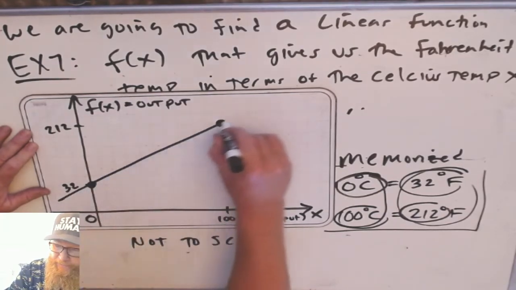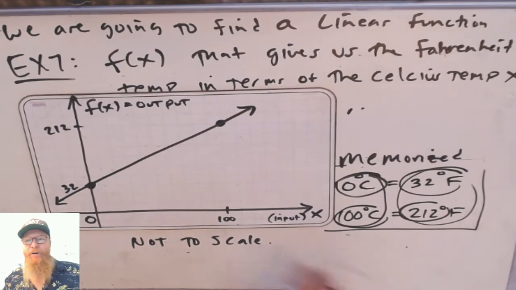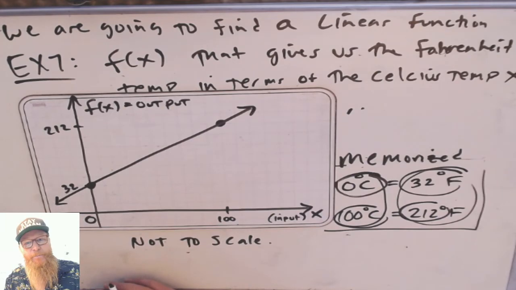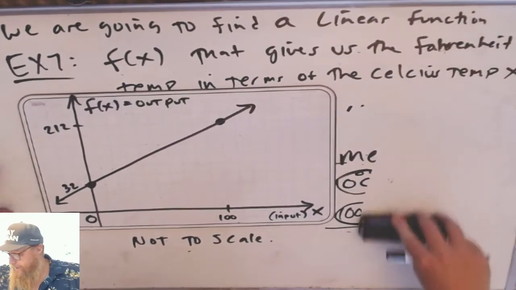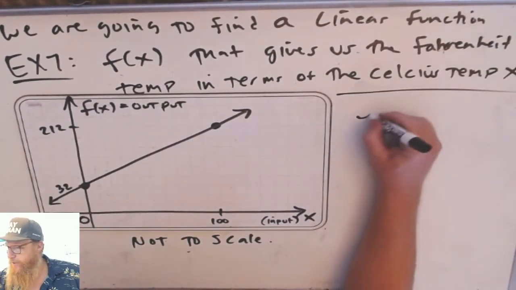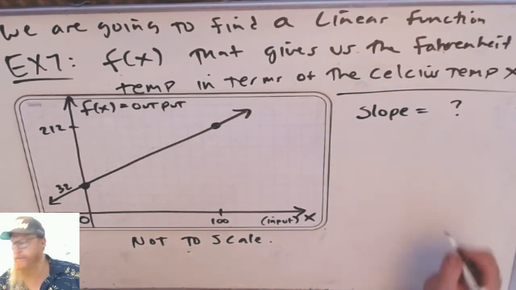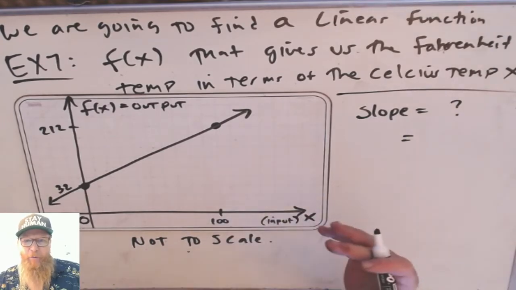All right, and we're going to find the linear function based on these 2 points. Since I have them on the graph, I can go ahead and erase these ones. First, we want to find the slope. We can do it by counting, or we can do it by the formula.